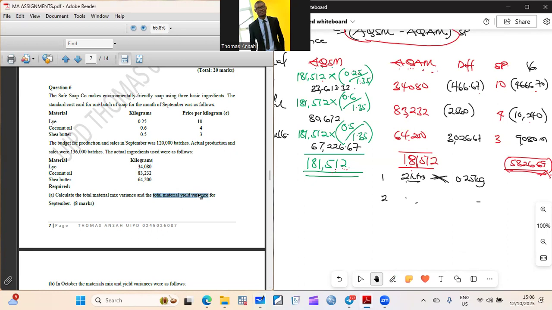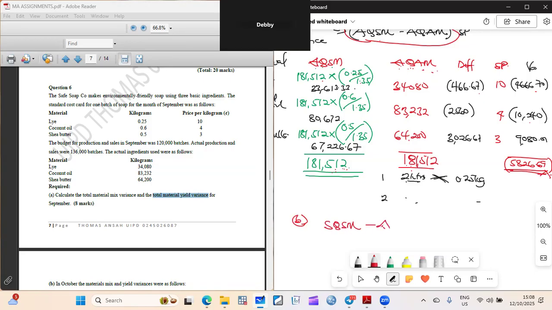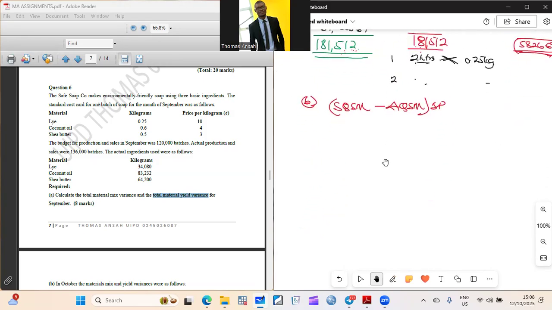But we have material yield to do. What is the formula for material yield? Standard quantity, standard mix, minus actual quantity, standard mix, multiplied by this. So set your table.